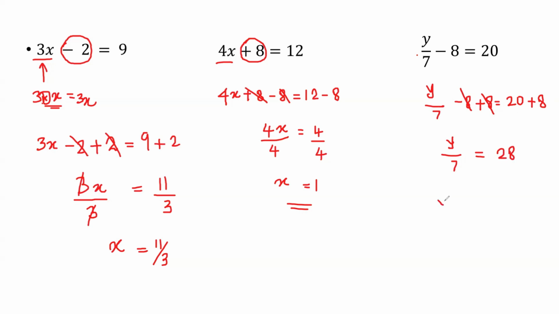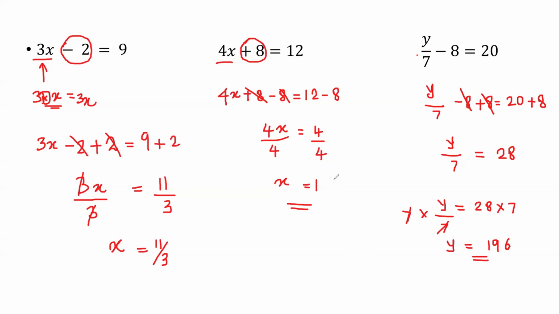Now here division is there, so you multiply. If you multiply here, you have to multiply this side as well. These two are getting cancelled. So y is equal to 28 times 7, which is 196.